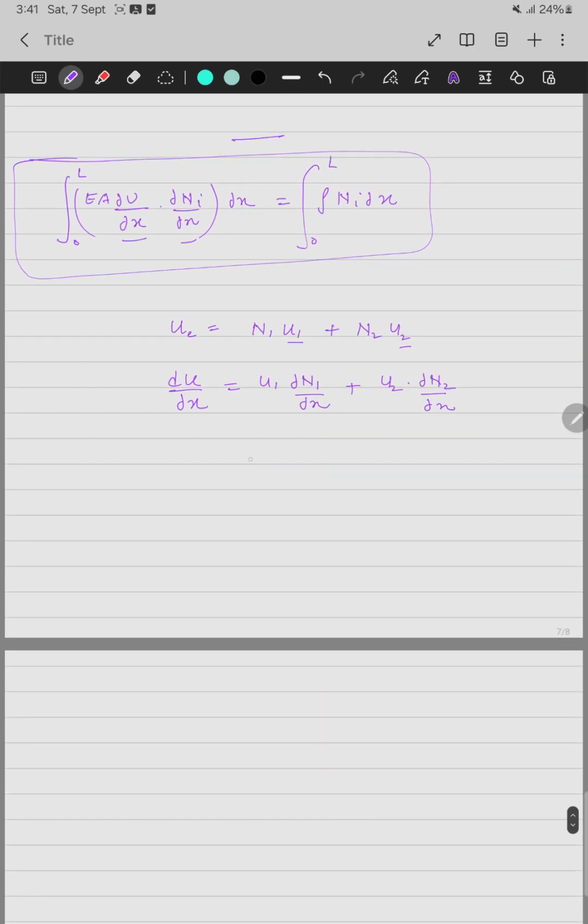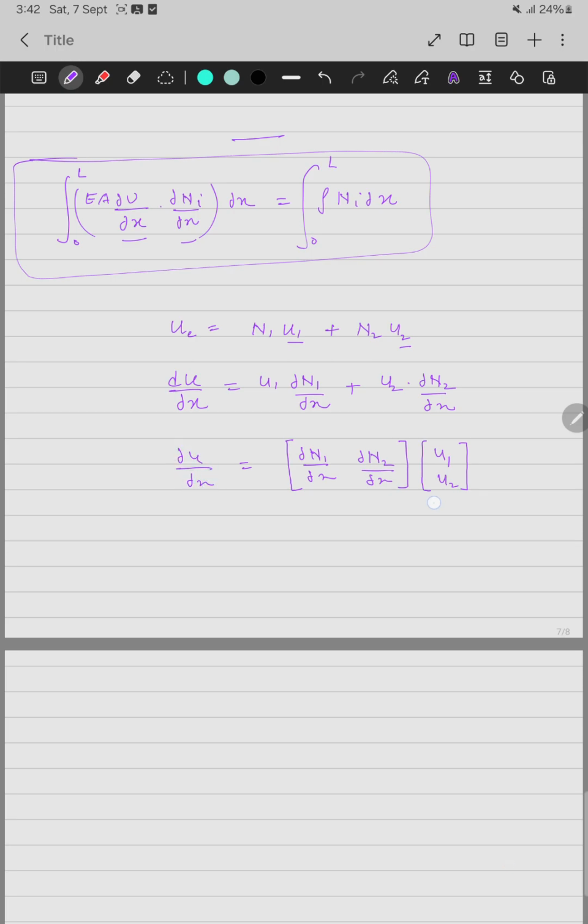Okay, in other terms we can arrange it in matrix form. So here we can write del N1 by del x, del N2 by del x, and this is basically matrix notation, del u by del x.